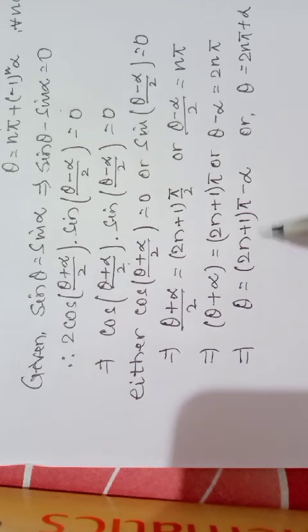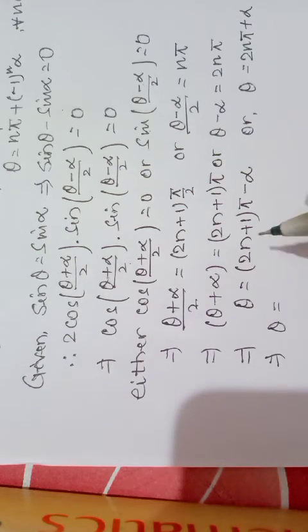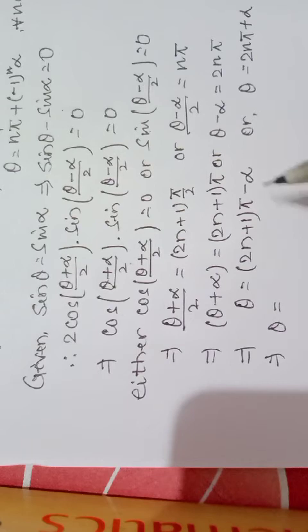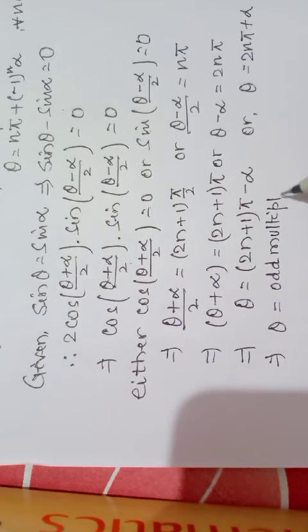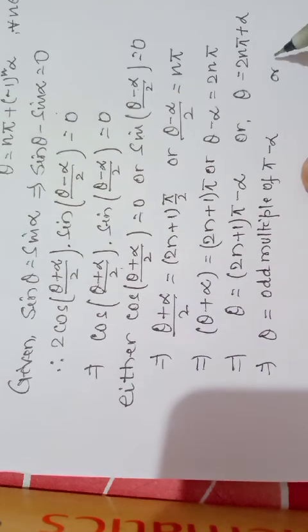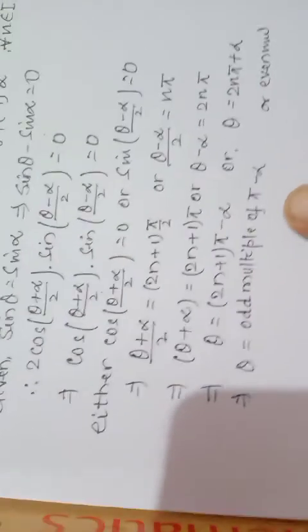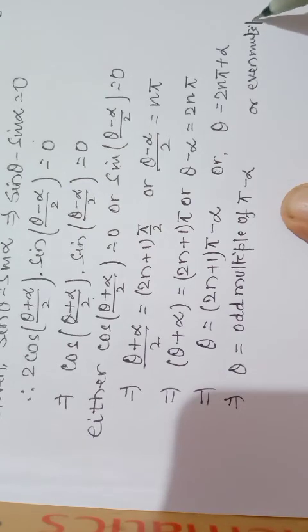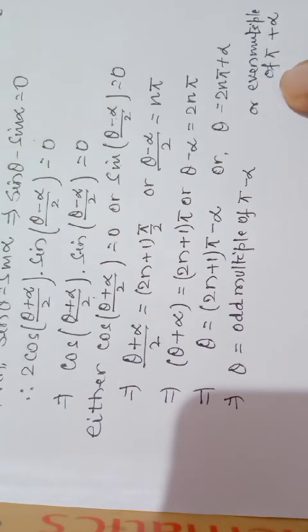This is odd, meaning we may write theta is equal to an odd multiple of pi minus alpha, and here 2n is an even number, so an even multiple of pi plus alpha.